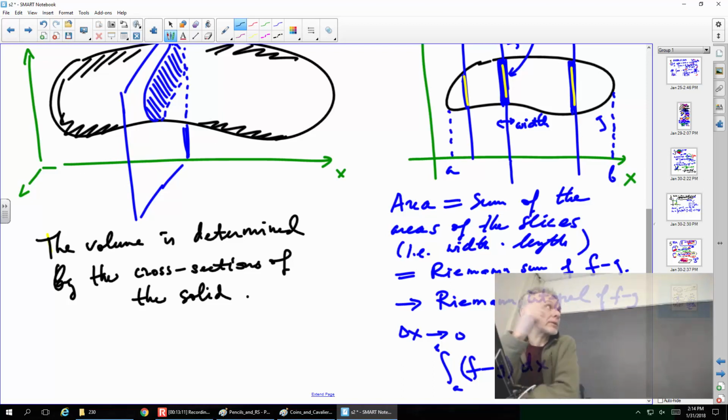The exact same thing is going to happen with the volume. The cross section depends on x only, and so the volume will be simply the integral of the areas. Let me explain this one more time. Here, this is the length of the cross section.